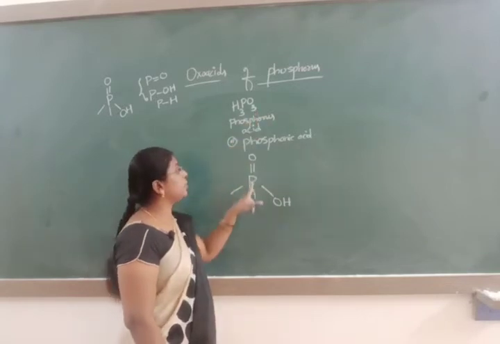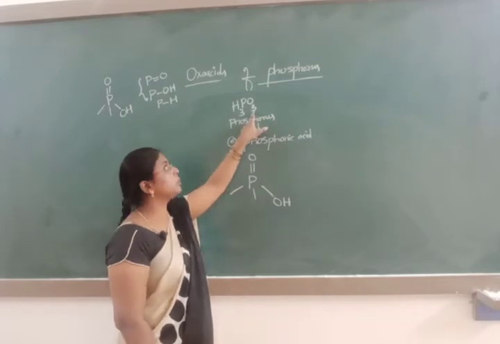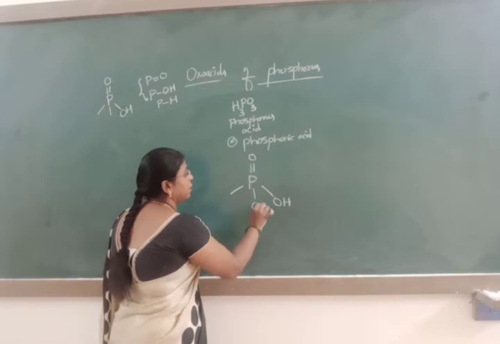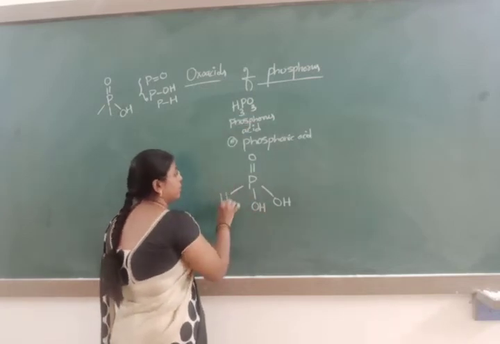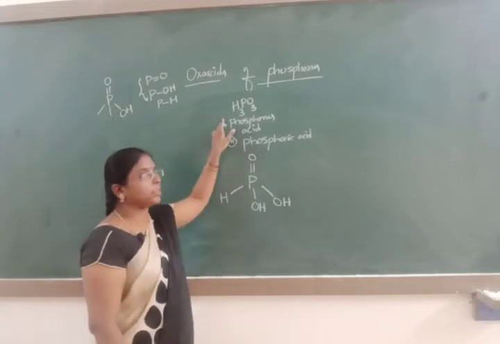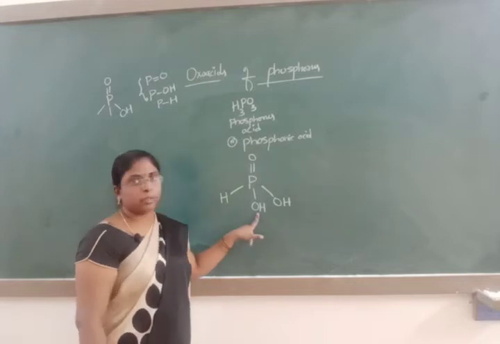Remaining is one oxygen, in the form of OH. Of the 3 hydrogens, another will be in the form of P-H. This is the structure of H3PO3.